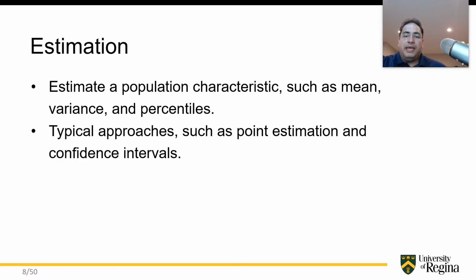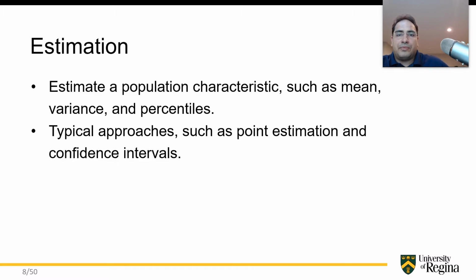So the main reason that we do sampling is to estimate the population characteristics, like what is the mean, what is the variance, what are the different percentiles of that population.